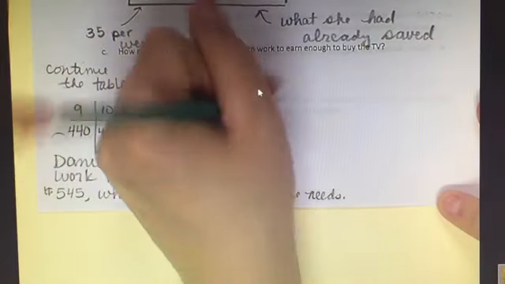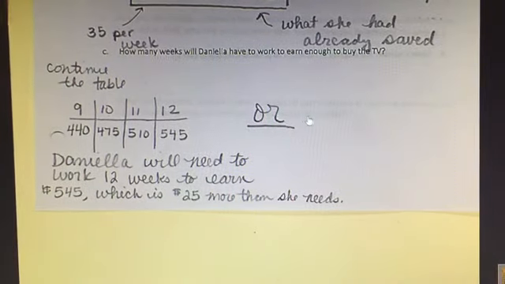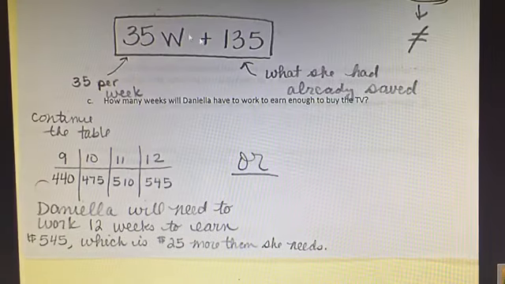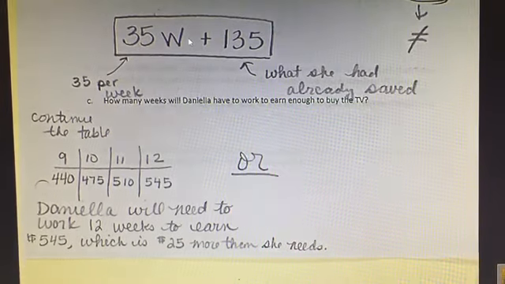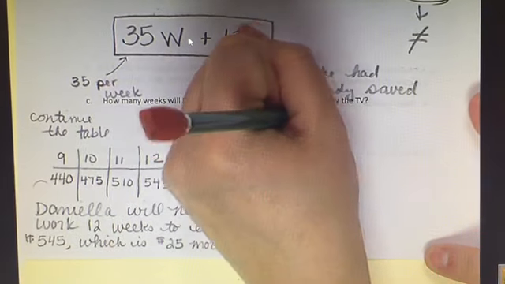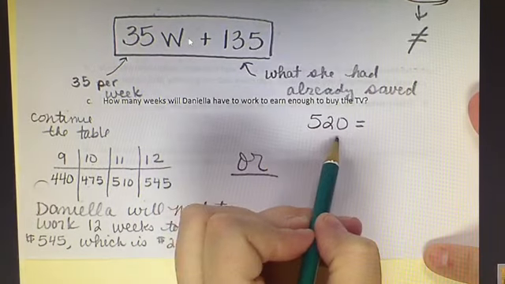The second way to solve this problem is to take our expression and go ahead and turn it into an equation. So we know that we need to make $520. Okay, that's our goal, is to make $520.